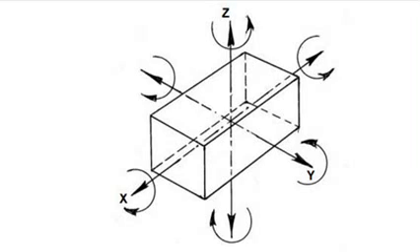Dear students, the motions in the linear axial system will be x plus, x minus, y plus, y minus, and z plus, z minus. So we have understood 6 degrees of freedom. Now we will move forward.